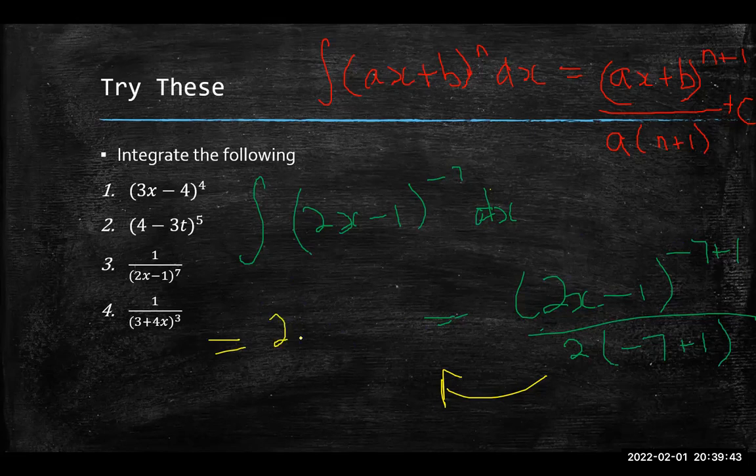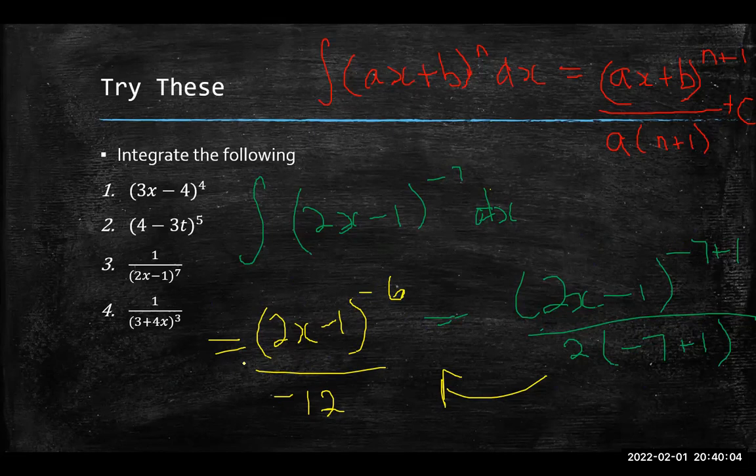So that's 2x minus 1 to the -6, divided by, now, -7 plus 1 is -6, and -6 times 2 is -12. This is my answer.